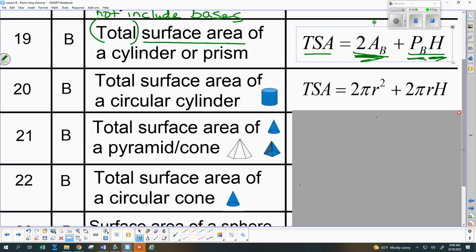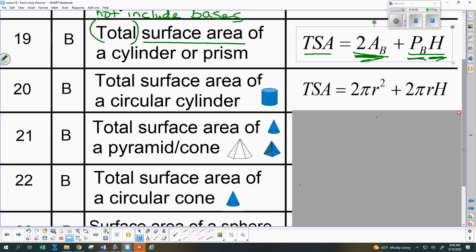Now the height of the whole pyramid went from the top to the middle of the square. The height of one triangle, the little h, goes from the top to the middle of the bottom side of one of those triangles. So I think about the whole pyramid. The way I'm holding my hand right now, this is the height of the whole pyramid, but the height of a triangle slants and is longer. And we call that the slant height.